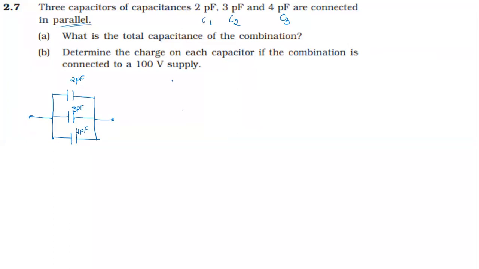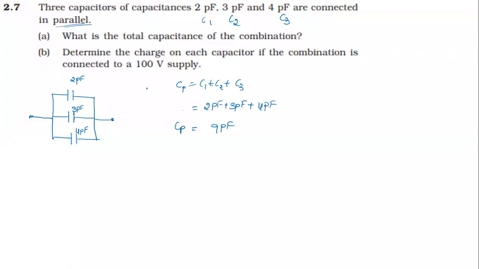So what is the effective combination formula? Cp equals C1 plus C2 plus C3 in parallel combination. It will be 2 picofarad plus 3 picofarad plus 4 picofarad. 2 plus 3, 5, 5 plus 4, 9 picofarad. That is the effective capacitance of the combination.